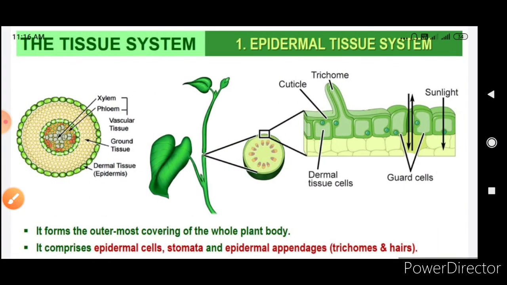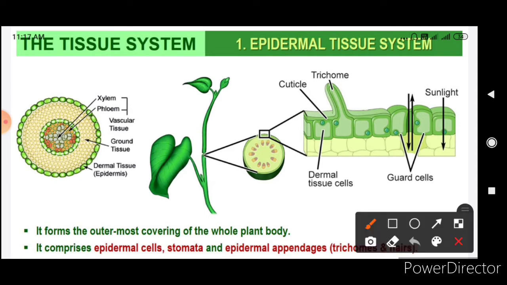Now we come to the epidermal tissue system. This epidermal tissue system forms the outermost covering of the whole plant body. And it comprises epidermal cells, stomata and epidermal appendages like trichomes and hairs.